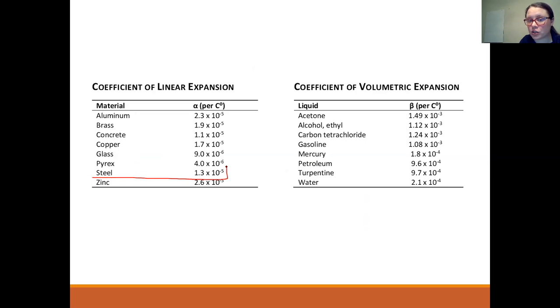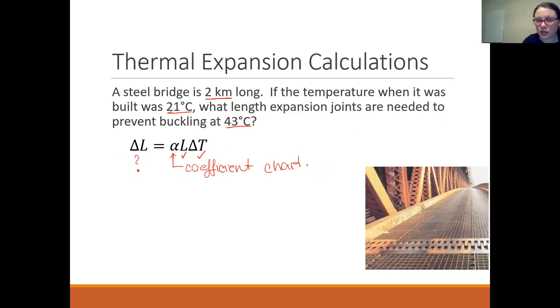It's the length that's changing. The coefficient for steel is 1.3 times 10 to the negative 5, okay? So going back to our question, alpha for steel equals 1.3 times 10 to the negative 5 per degree Celsius.